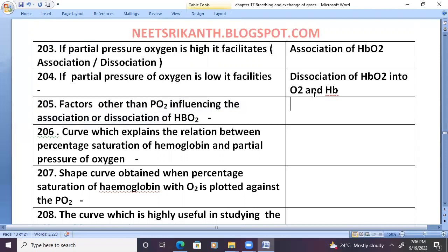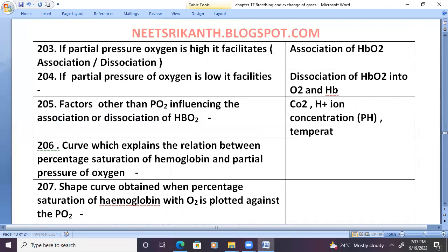Factors other than PO2 influencing the association or dissociation of HbO2 are carbon dioxide, H plus ion concentration, which is said to be pH, and temperature. What explains the relation between percentage saturation of hemoglobin and partial pressure of oxygen?